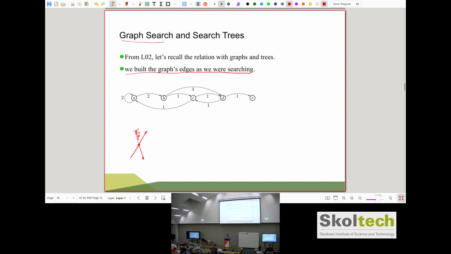I'm going to give an example. Let's say that we start here at A. I have this action that is taking us to A again, and it has cost 2.